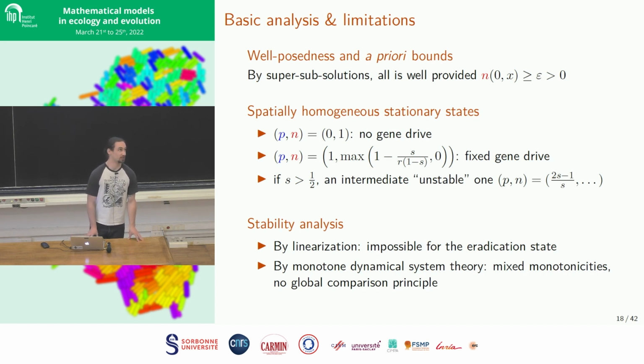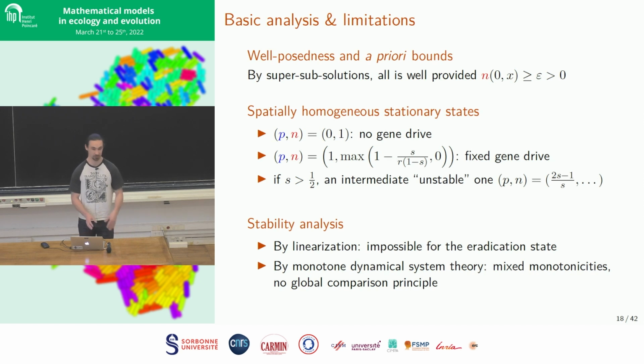What can you say about this system mathematically? You can verify that it is well posed, and actually it's not, but it is if the wild-type population initial density is uniformly positive. You can study the stationary states, spatially homogeneous, and the two most important stationary states are the one with only gene drive and the one with no gene drive.